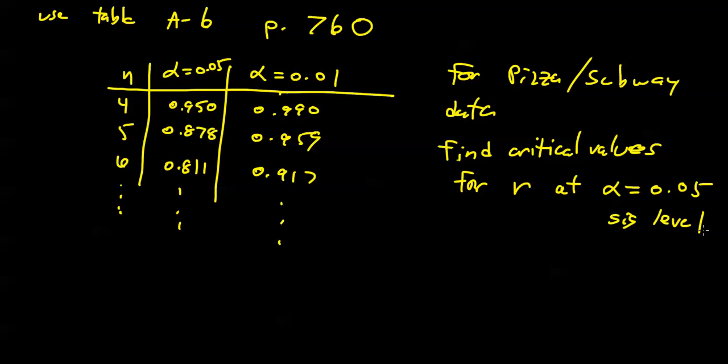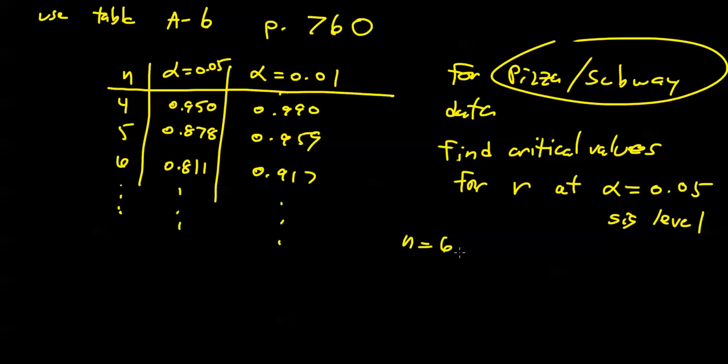All right, so alpha is going to be treated much like it was treated in Chapter 7 and Chapter 8. Basically, our burden of proof, our height of the hurdle that we have to overcome to establish some sort of linear correlation claim here. All right, so for the pizza Subway data, I believe we have 6 pairs of data.